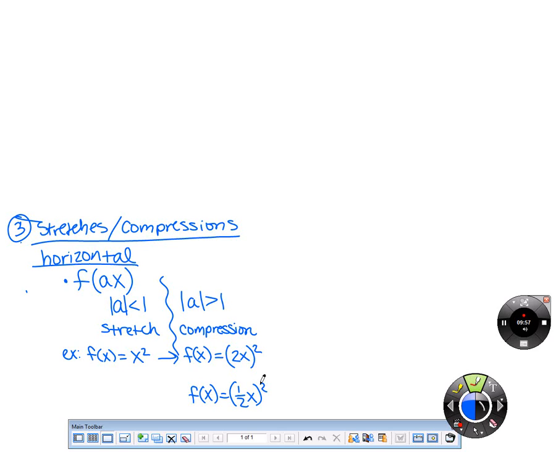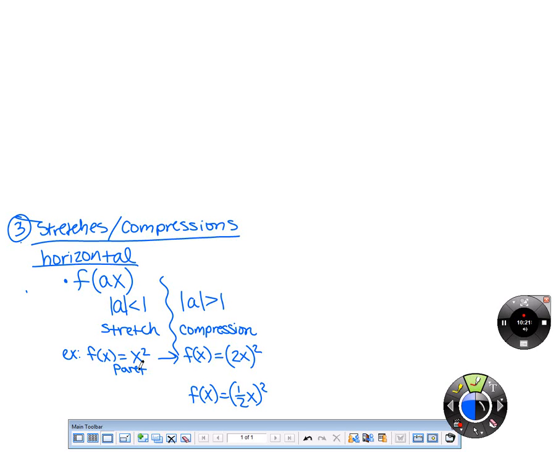So how would you say the graph has been transformed from the parent function? Remember that this is the parent function. If it becomes 2x all being squared, how would you list the transformation? What would you say has occurred? So make the decisions in your head. Horizontal or vertical?